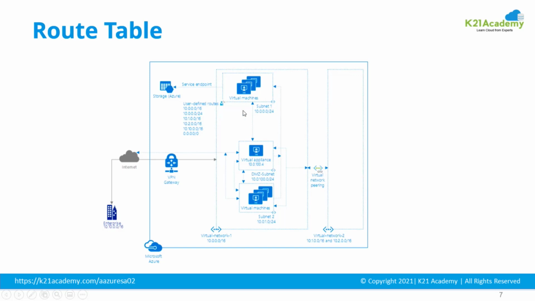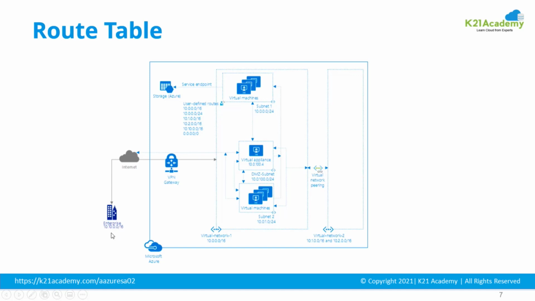When a machine in one network needs to talk to another network, they need a route table. That's one method of connecting. The other method is VNet peering, which we'll cover in later modules. So in a nutshell, a route table dictates connections going out of the virtual network, which could be other services, other networks, or your on-premise data center.